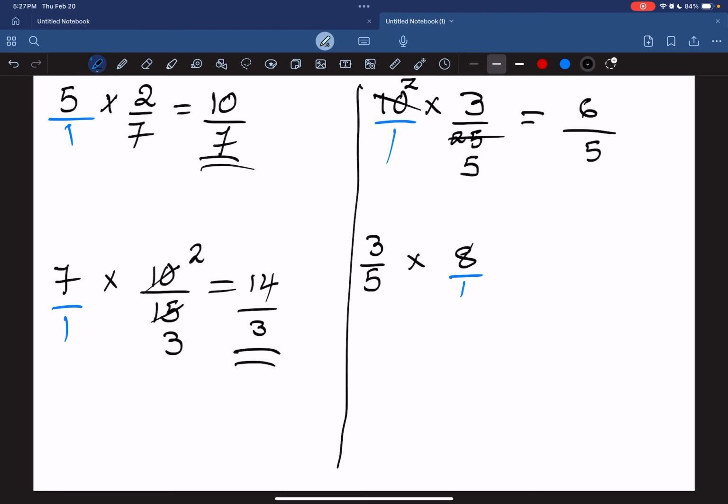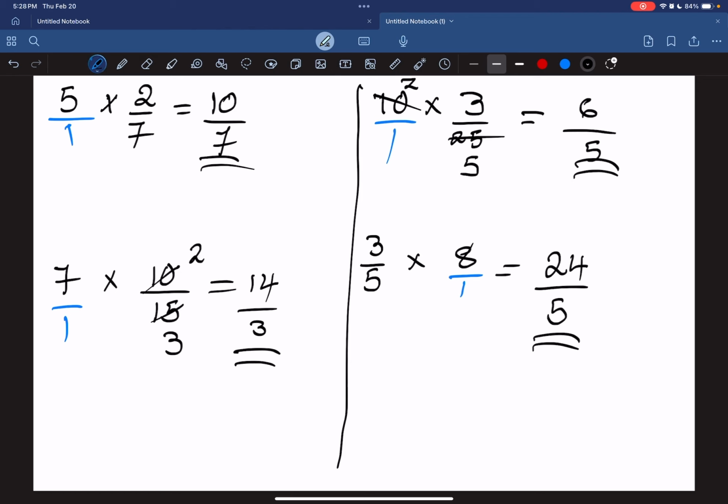Looking at this, nothing can be reduced, so I'm just going to multiply across. 3 times 8 is 24, and 5 times 1 is 5. That would have been my answer. Those are our answers.